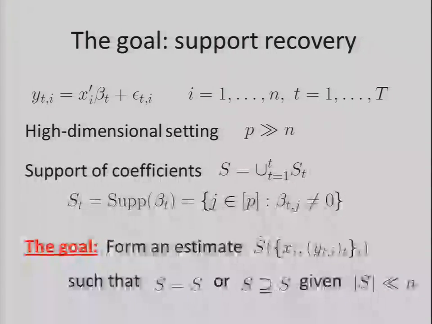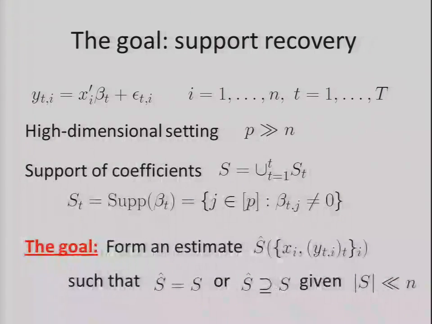And then S is going to be a union of these sets. And so under the assumption that the set S is small, comparable to the sample size n, we'd like to make an estimator S hat based on the data that correctly recovers the true unknown support set S, or we'd like to say something about at least an estimator that contains all the relevant variables and some additional random variables.